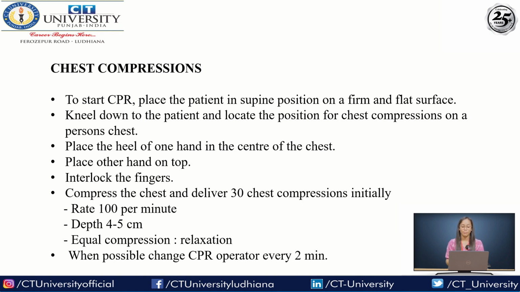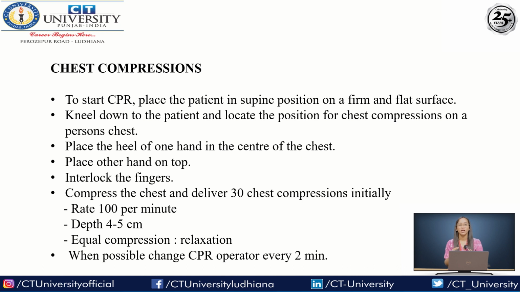So kneel down to the patient and locate the position for chest compressions on a person's chest. Now place the heel of one hand in the center of the chest and place the other hand on the top. Then you have to interlock the fingers and then you compress the chest. And when you compress the chest, you have to keep the rate 100 per minute, and depth should be 4 to 5 centimeter.